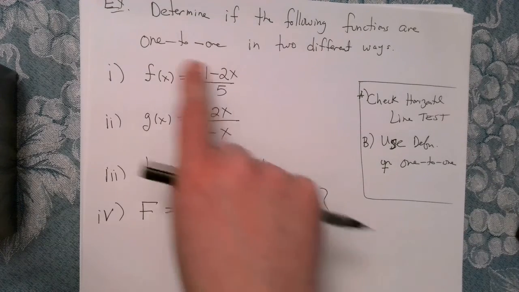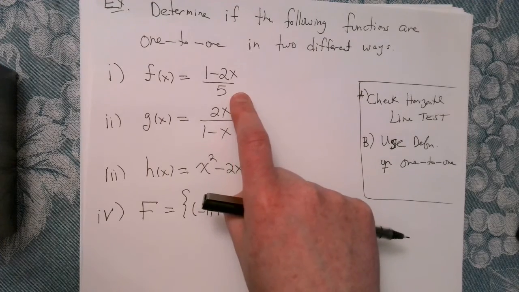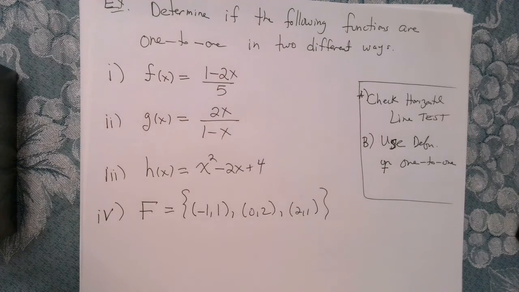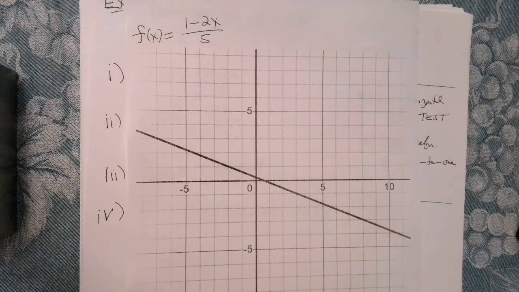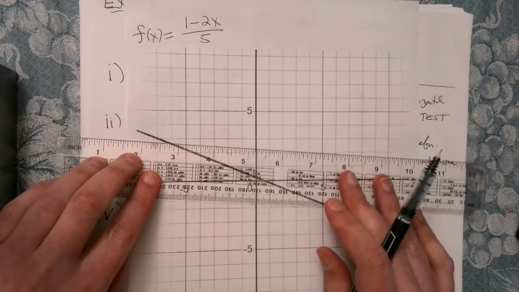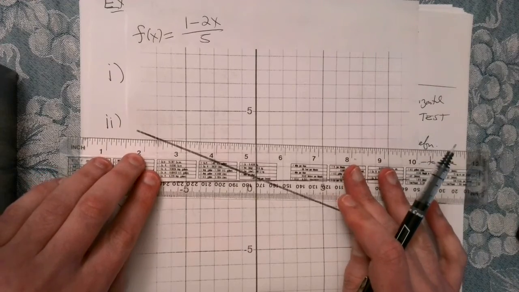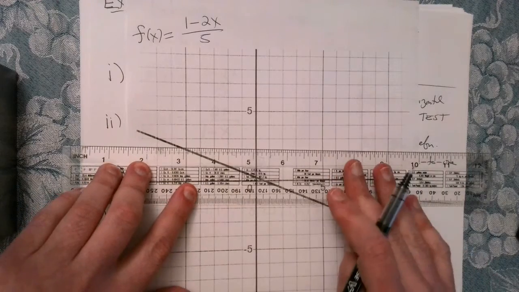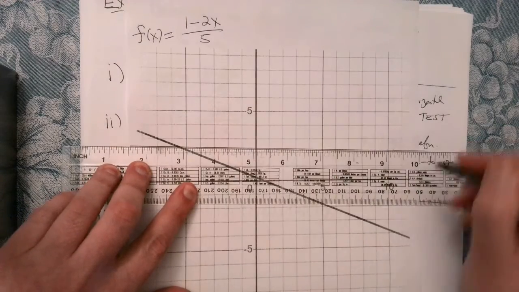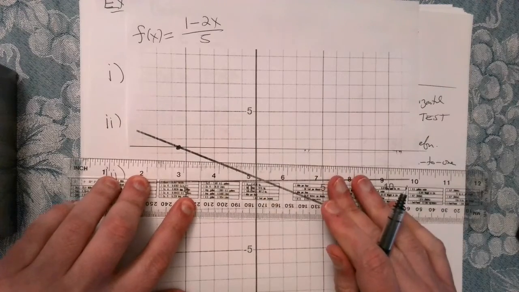Okay, so let's look at the graph of this. Hopefully you recognize that as a line with slope minus 2/5. First, using the horizontal line test, here is the graph of f. The observation I want to make is, for any horizontal line I draw, it intersects the graph at most once. So say I draw this one, it intersects at most once.